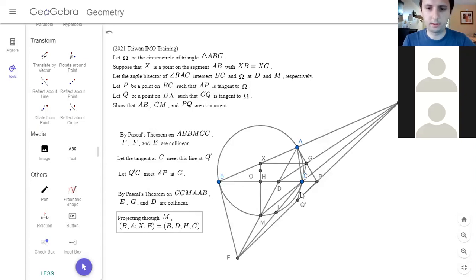And that, we could project BDHC through I, right? So actually, maybe we should just project through I. Actually, never mind. PF.